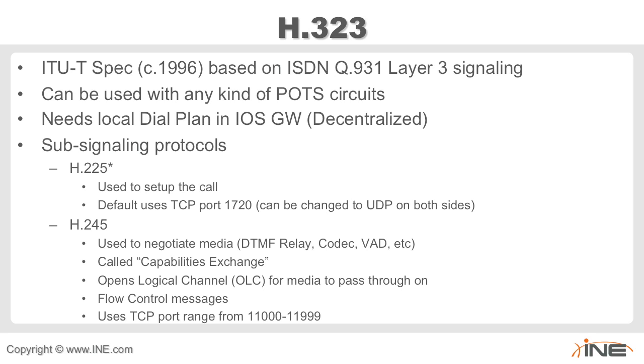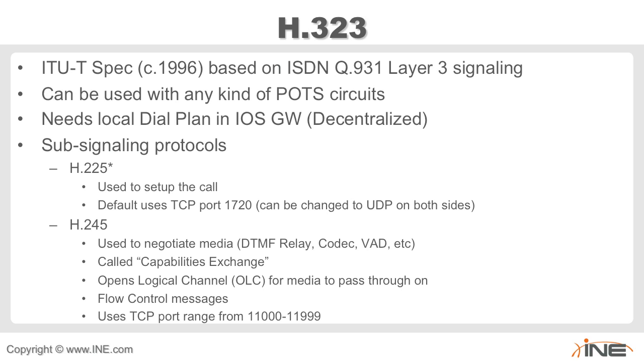So this can be used with any kind of POTS circuit, which is one of the nice things. However, it needs a local dial plan in the IOS gateway, so this is referred to as a decentralized dial plan. The sub-signaling protocols, H.323 is really a suite of protocols.